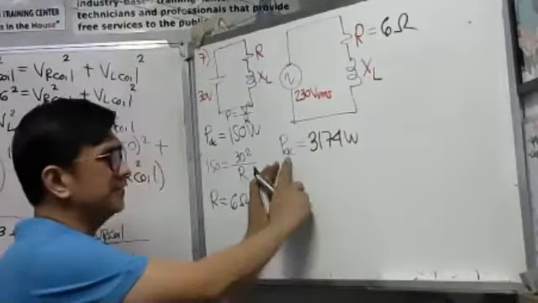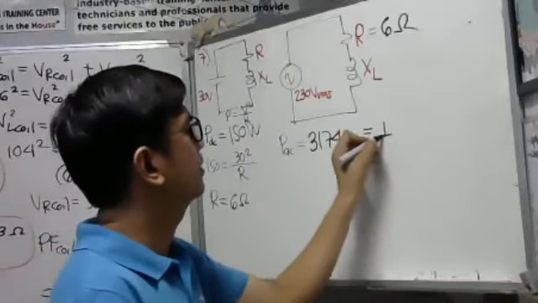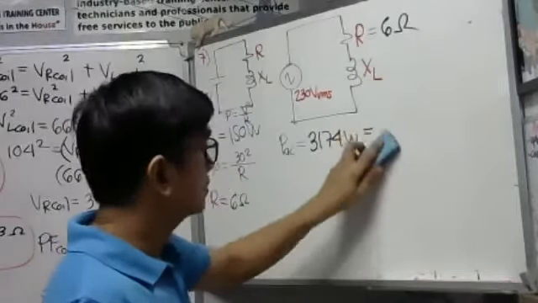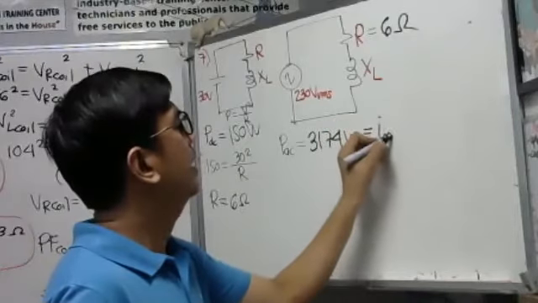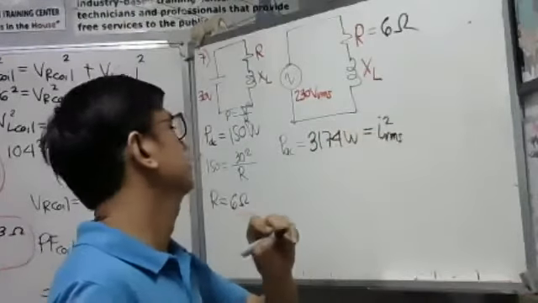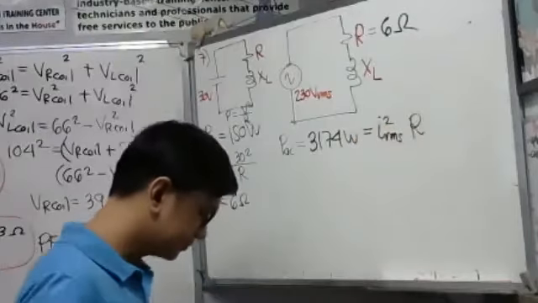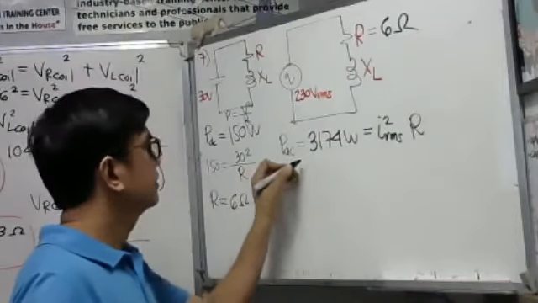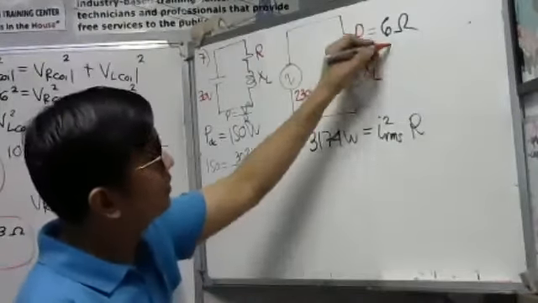And we have said that only resistive elements consume the watts. So we have this formula, P equals I squared times R. Now, let us get here our I. Remember, our R is equal to 6.